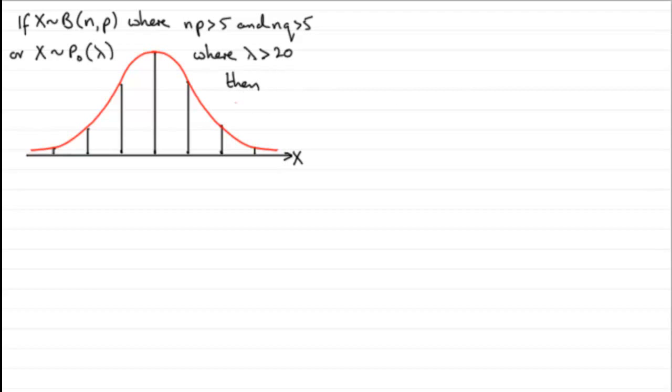So we can say then the random variable x is distributed normally with a mean mu and variance sigma squared, but it's never going to be a normal distribution because we've got discrete random variables going towards a continuous random variable. What I'm saying is that it can be approximated to this distribution. So we'll just say that it follows this distribution approximately. Okay?